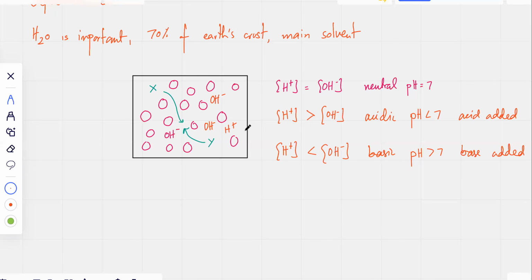In the human body, there are billions of reactions that are taking place all the time. Every reaction has a particular preference. Like this X and Y reacting together, they would prefer a certain environment around them. The environment is mostly composed of water, but there are three different types: one which is neutral, one which is acidic, and one which is basic.